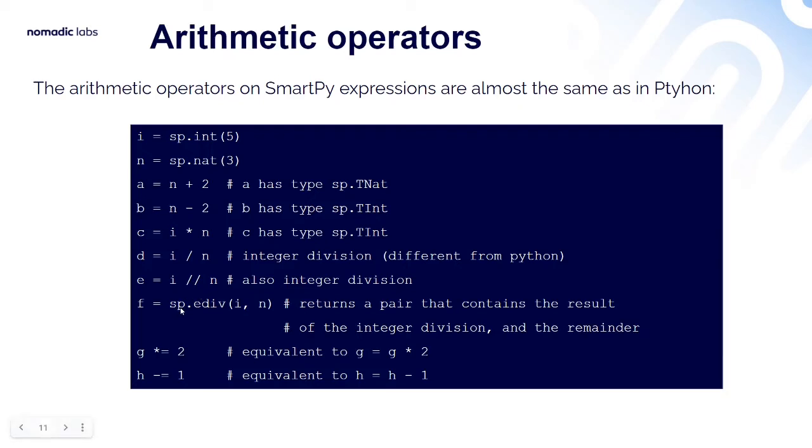And we can use sp.ediv of 2 values, which returns a pair that contains the result of the integer division of this value by this value. And the second value in the pair is the remainder of that division. Finally, we can have shorthand operators, such as multiply equal, and this is equivalent to g equals g times 2, and the same with subtraction, addition, etc.